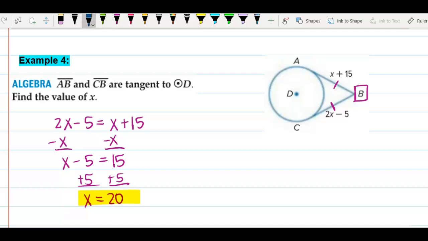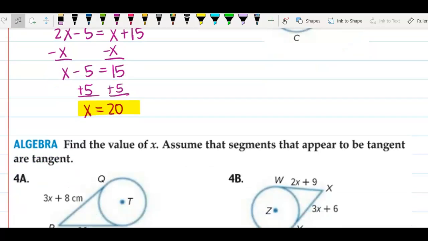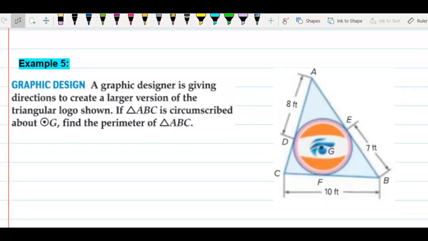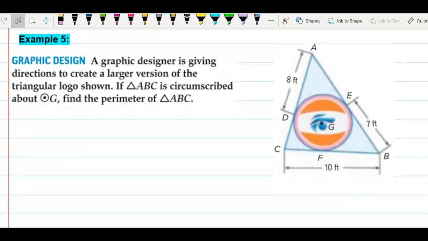Well, we're done for this one. So the next problem builds off of that same idea, but it adds the idea of perimeter to it. So a graphic designer is giving directions to create a larger version of this logo. Our goal is to find the perimeter of the whole triangle.